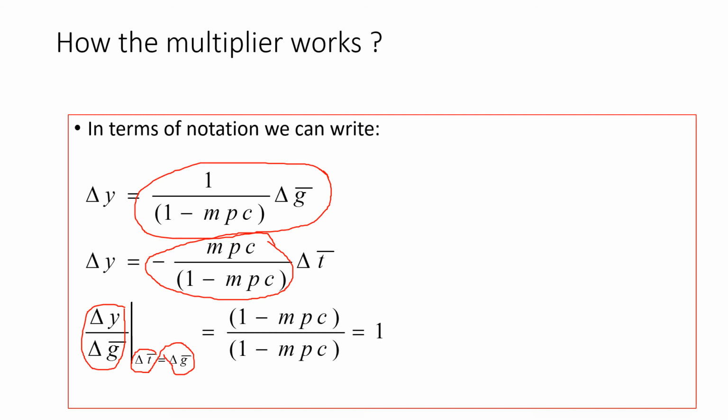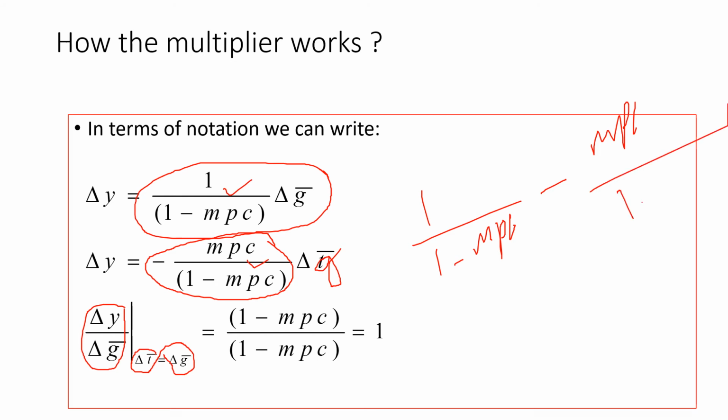So that means you add them. You add this with this, and you write dG bar equal to dT bar. So instead of dT bar, you just write dG bar, and if you add them both, then what you are getting is basically 1 by 1 minus MPC, and then minus MPC by 1 minus MPC.